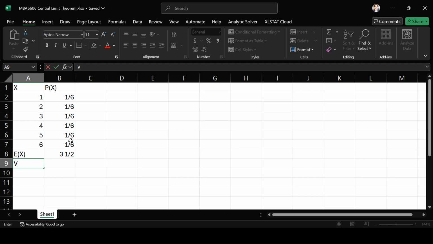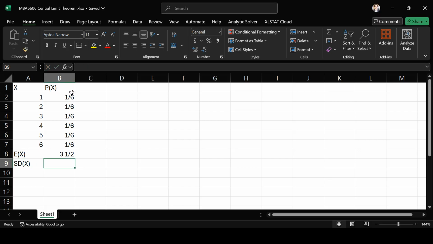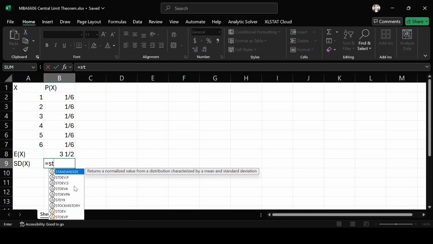We can similarly calculate the standard deviation of x. In this case, since the probability is the same, we can simply use these values to calculate the standard deviation. So this will be the standard deviation.